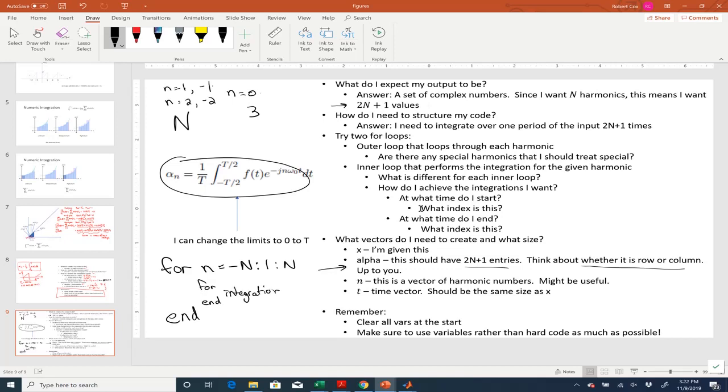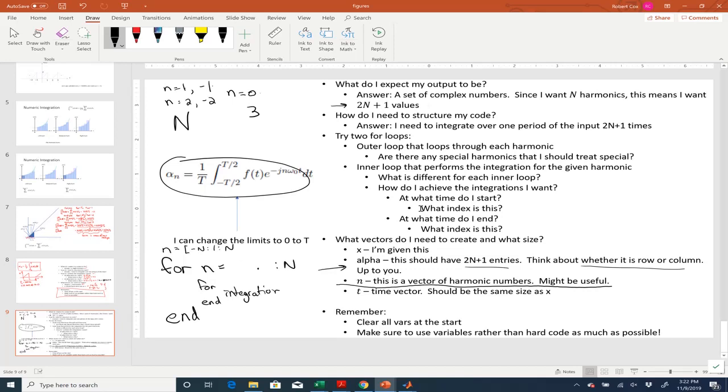Now, I point out down here that I probably want n to be a vector of harmonic numbers. That's the way I probably would do it, and I would say n is equal to a vector that goes from minus n to n.